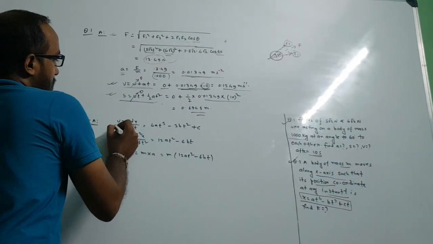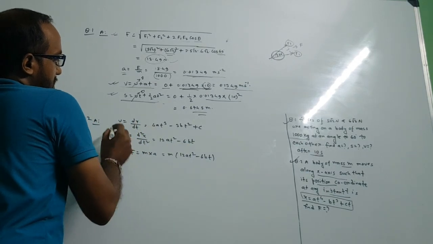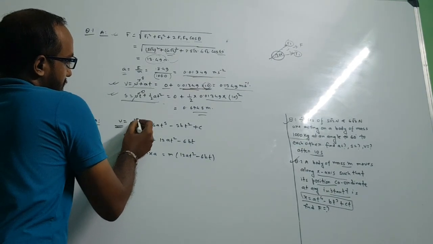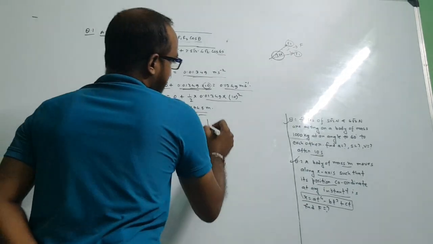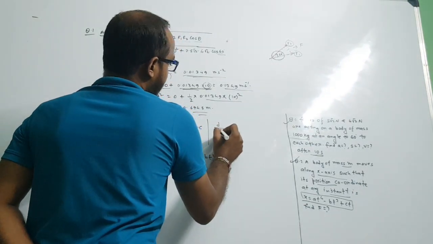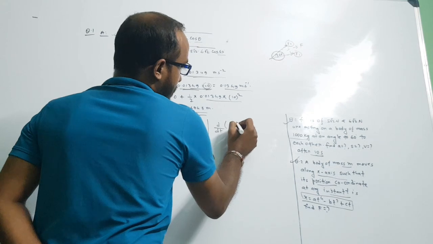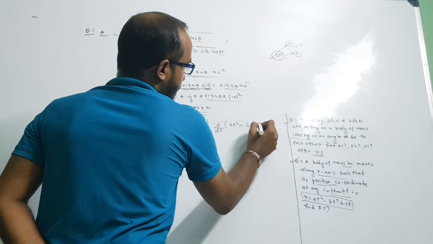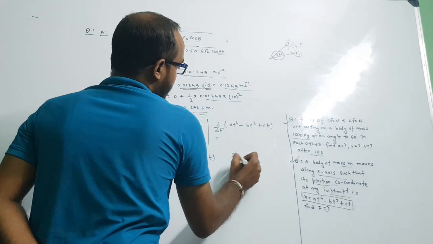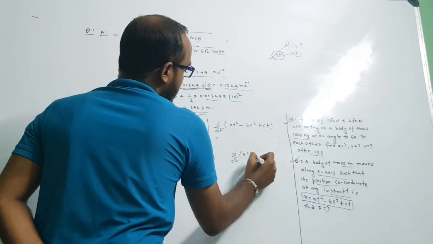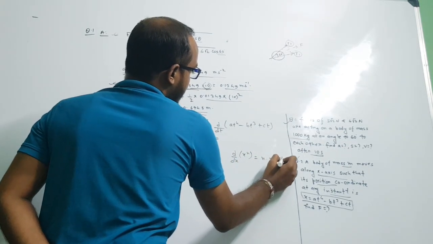Now see, we know from differential equation, velocity is actually displacement by time, which is dx by dt. So if you differentiate this thing, a t to the power 4 minus b t cube plus ct. Now we know d by dx of x to the power n, the formula is n into x to the power n minus 1.